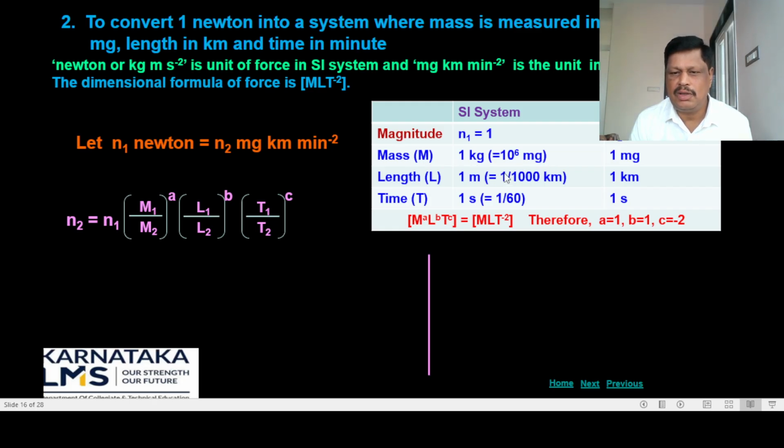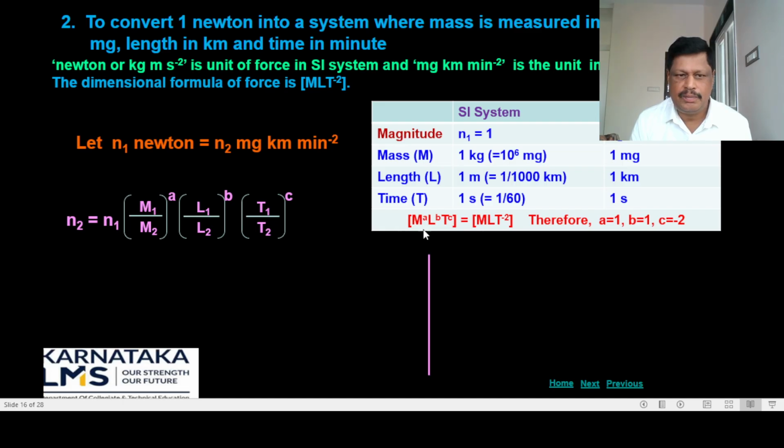Length: 1 meter is equal to 1 by 1000 kilometer, that is 10 to the power of minus 3 kilometer. Here they have given milligram, kilometer and minute, so second can be converted into minute. So 1 second is 1 by 60th of a minute actually.